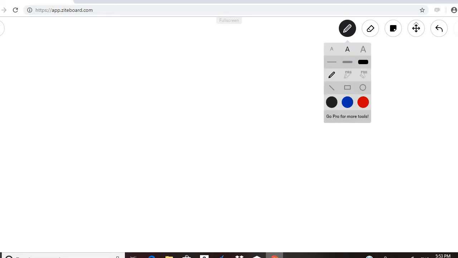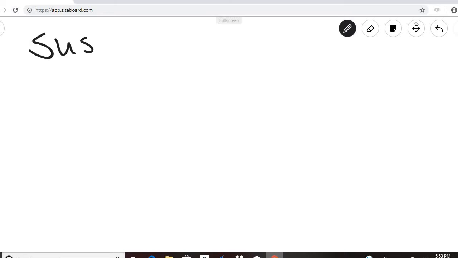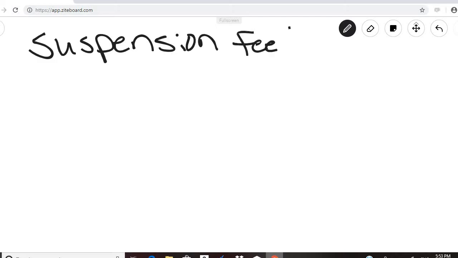And other things to think about in the non-vegetated area, again, still talking about how these organisms get food: we also talk about suspension feeders or deposit feeders.